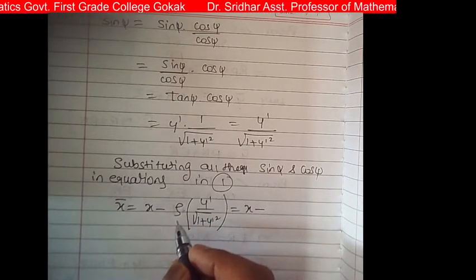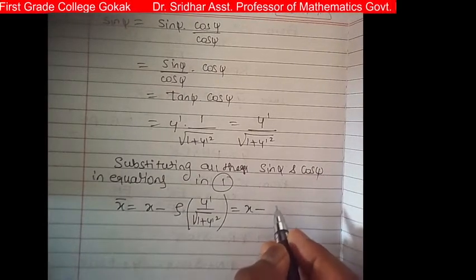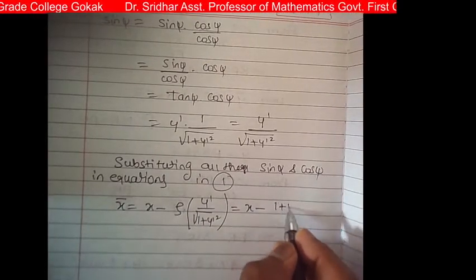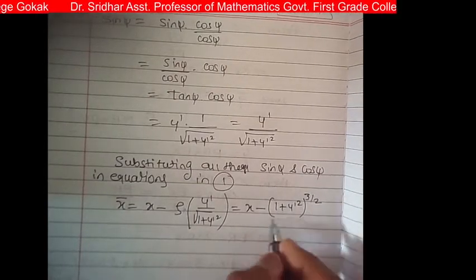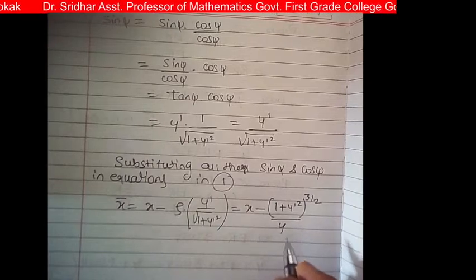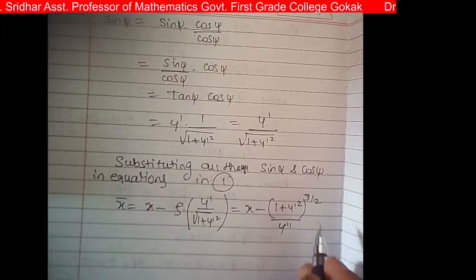Rho is nothing but the radius of curvature in Cartesian form, which is 1 plus y dash whole square raised to 3 by 2 divided by y double dash.